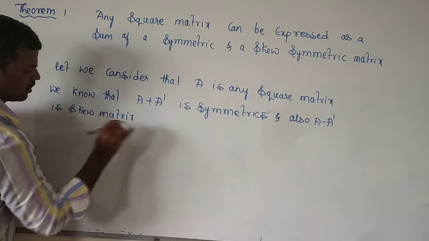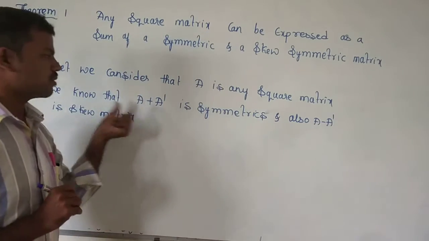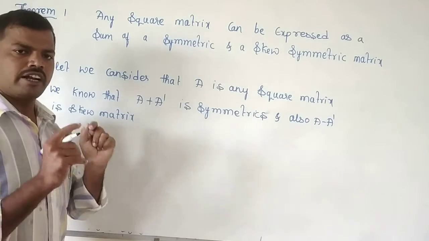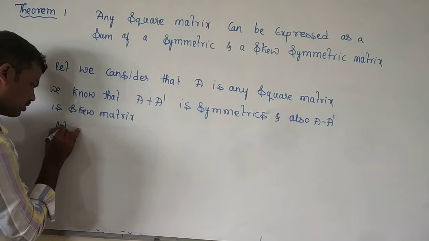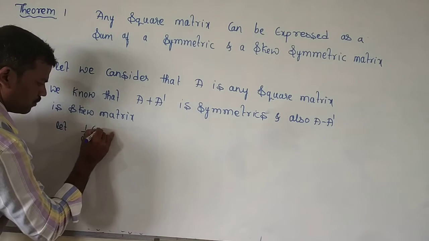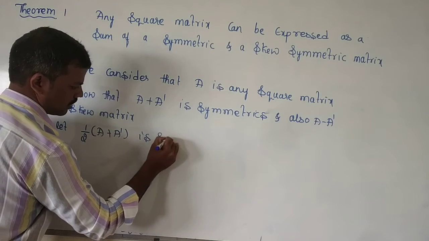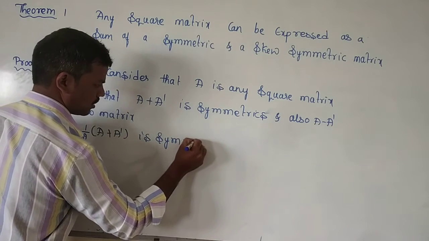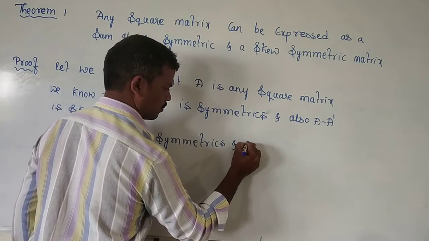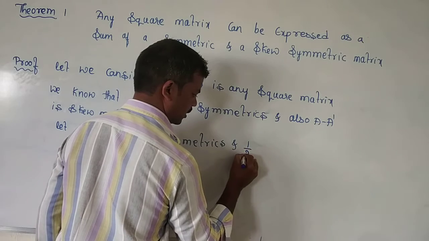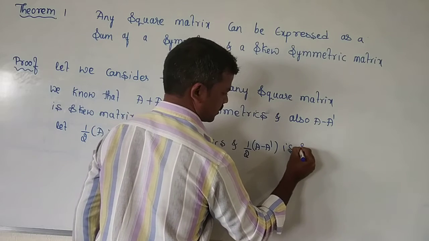And if you multiply by any scalar to a skew symmetric matrix or a symmetric matrix, it again remains symmetric or skew symmetric. So half of A plus A transpose is symmetric, and 1 by 2 of A minus A transpose is skew symmetric.